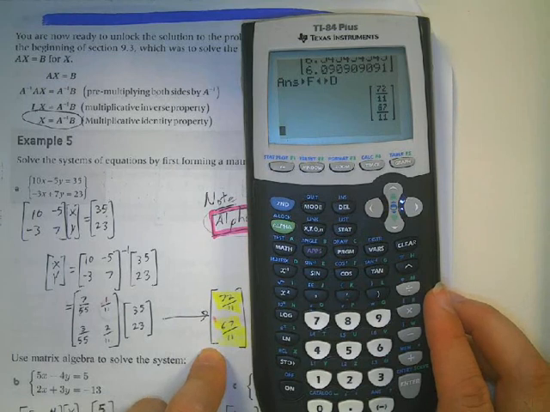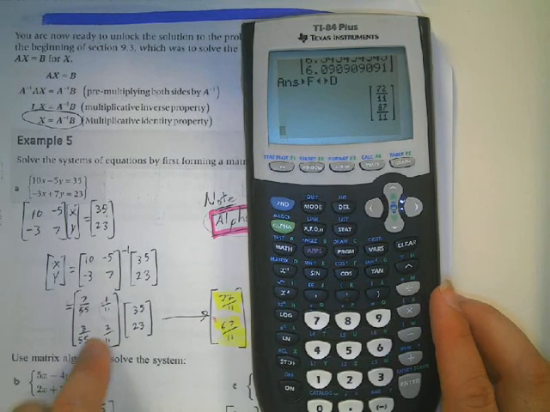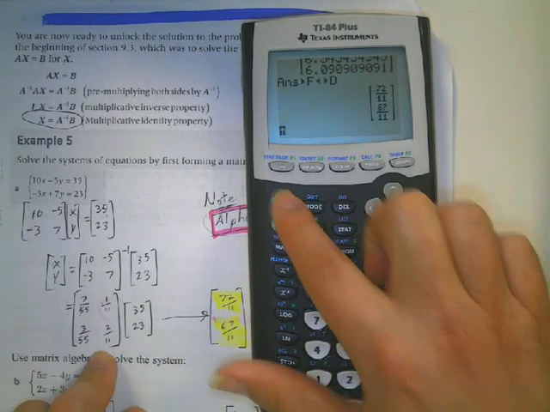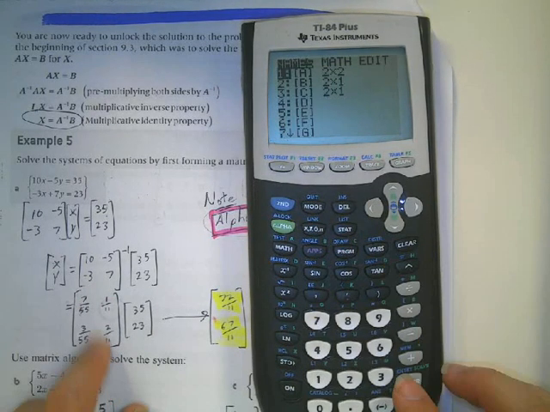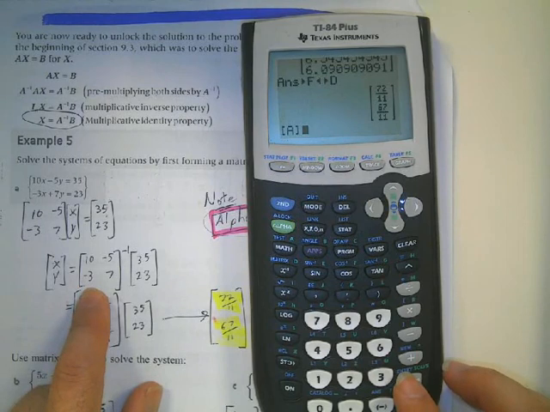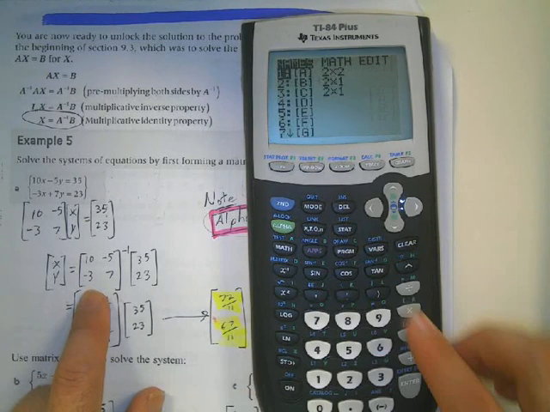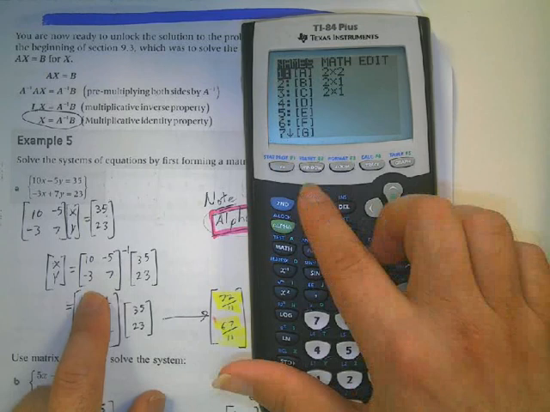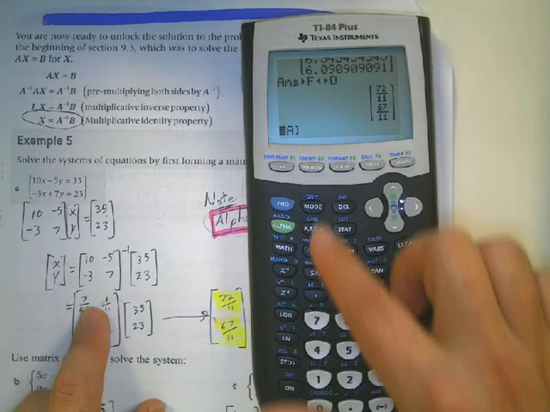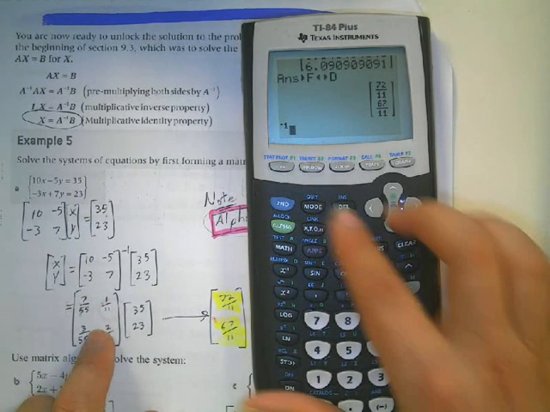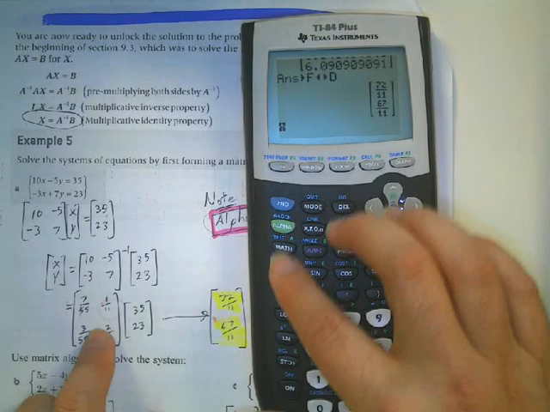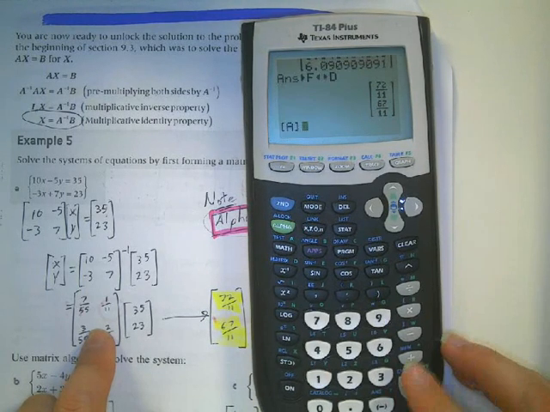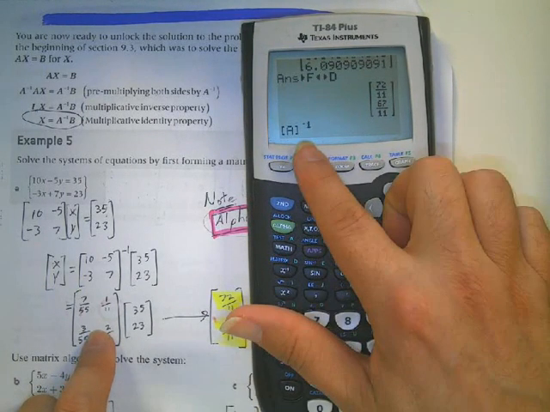Okay, what did I do here? If they ask you to show your work and you want to see this, I can do second, matrix A. We want to find the inverse of matrix A. Enter.